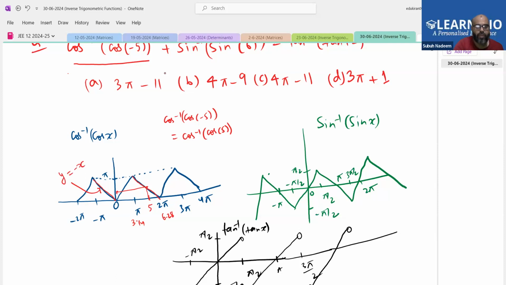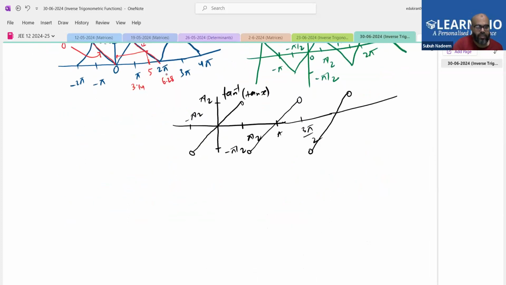So if we translate it by 2 pi distance, it will become y equal to minus x minus 2 pi. If we translate to the right, we subtract. If we translate to the left, we add. So this is minus x plus 2 pi. That means that at 5, it will be 2 pi minus 5.